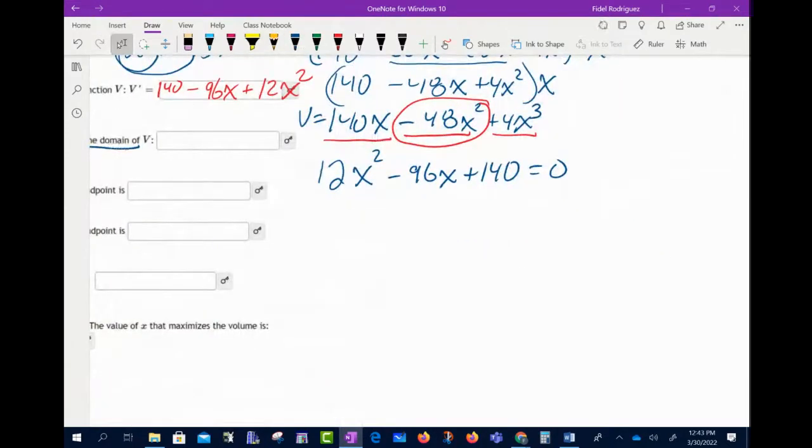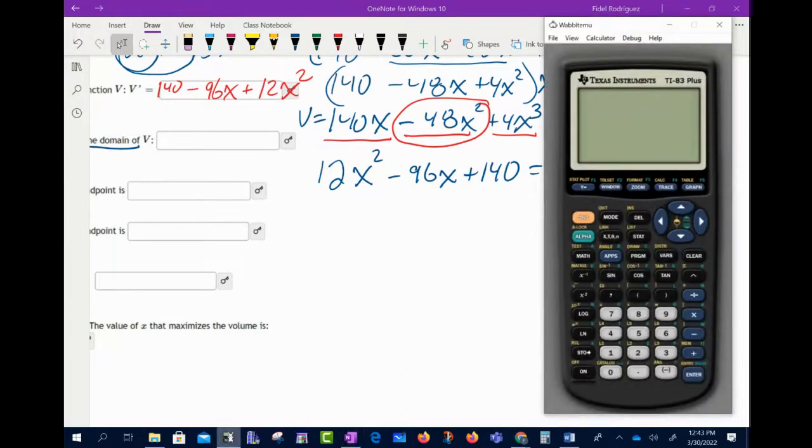Let's see if I can divide, just to make these numbers a little bit smaller. I don't know if 12 goes into all of them. So 96, can I divide it by 12? 8, yeah, that one goes in nice and easy. What about 140?